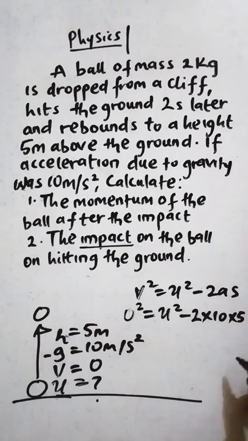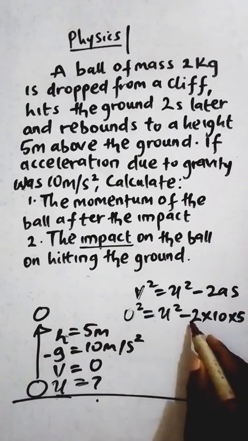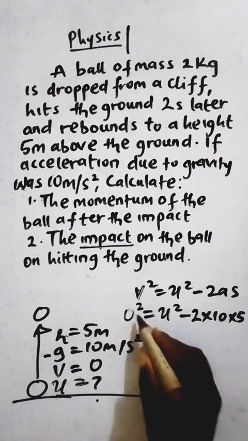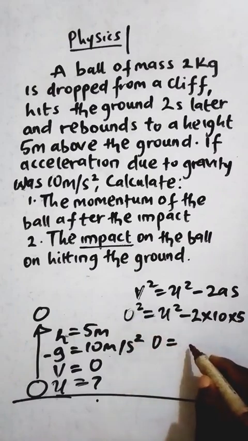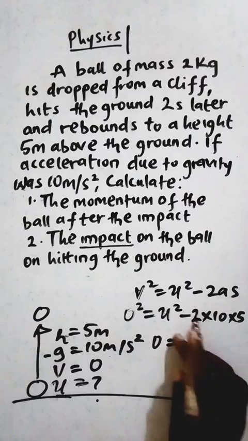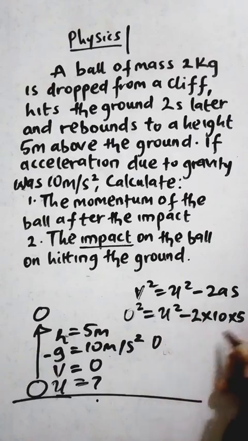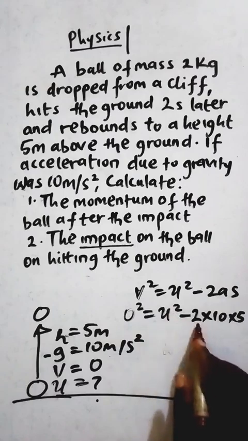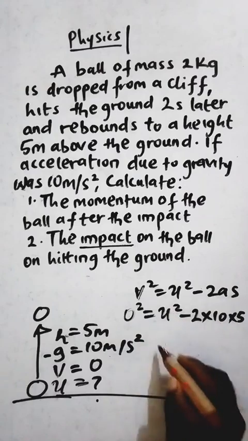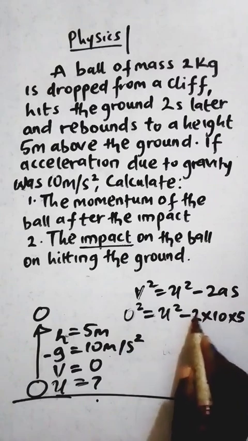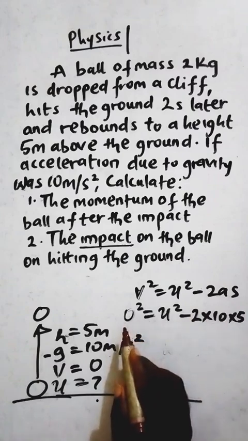which is 5. Good. So if you multiply all these things, 0 squared is 0, which is equal to u squared minus 2 times 10 times 5, that is 100. If you bring the negative 100 to the left side, it becomes positive.